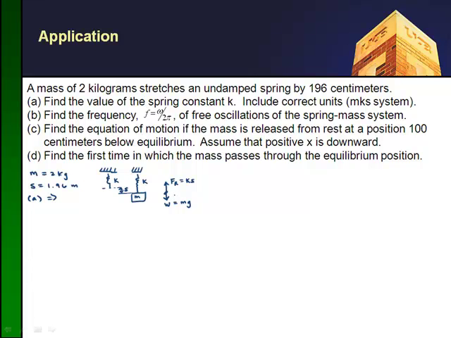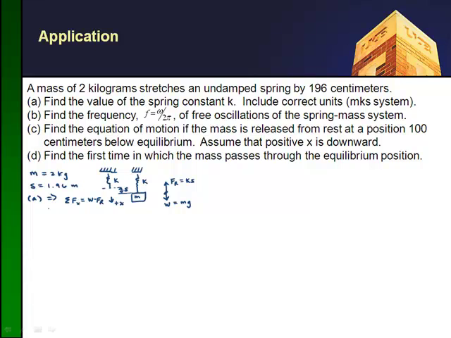If we do a sum of the forces in the downward x direction, if we assume this is the positive x direction, we get W minus FR.